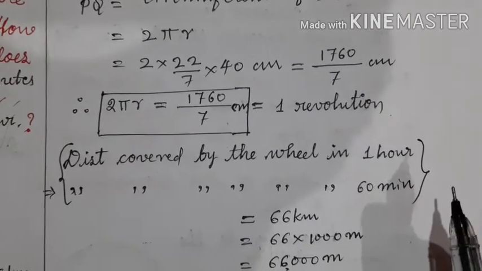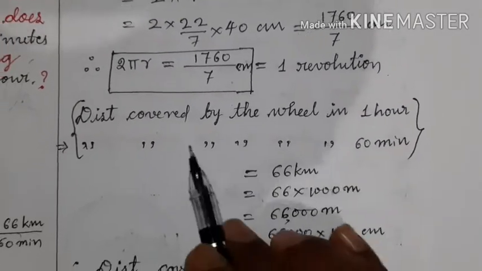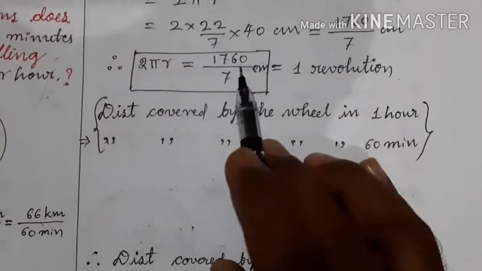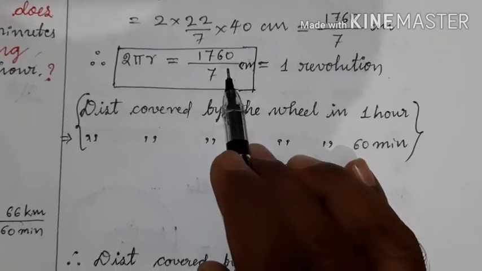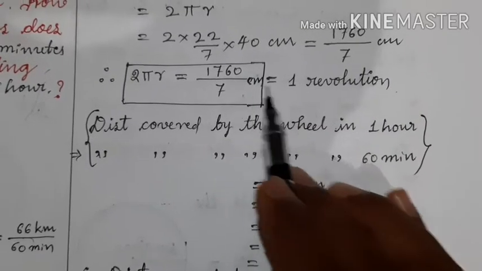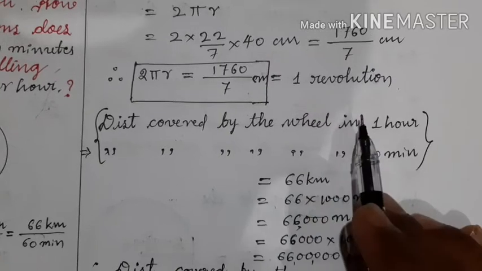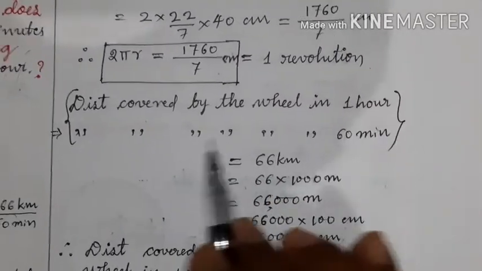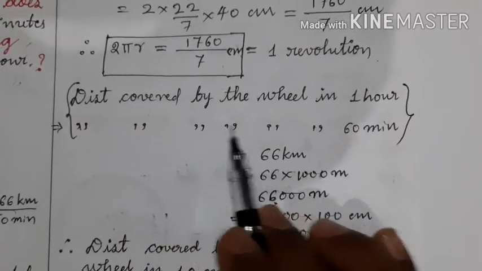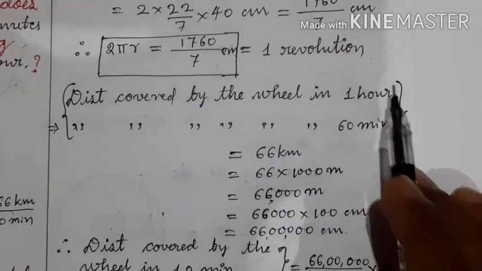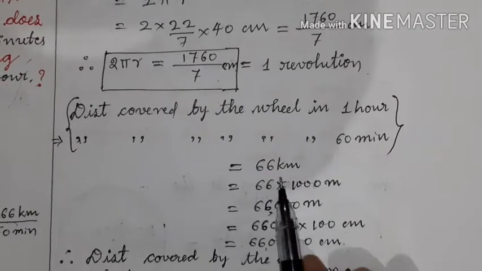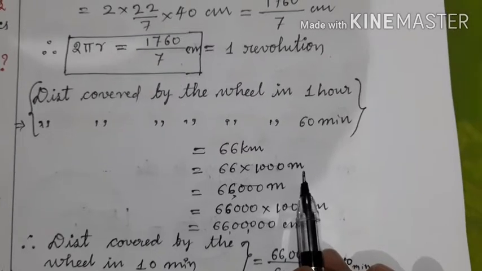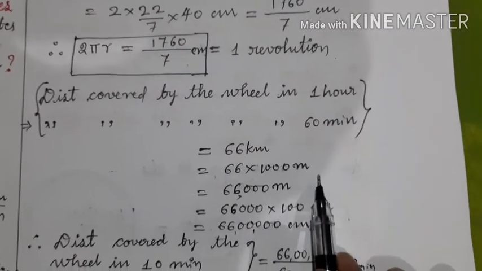Now let us calculate the distance traveled by the wheel in 1 hour. In one revolution it travels this much centimeter. But in 1 hour, how much distance does it travel? Let us calculate. Distance covered by the wheel in 1 hour is also equal to distance covered in 60 minutes, because 1 hour means 60 minutes. It is equal to 66 kilometer. Therefore, it is 66 into 1000 meter, because 1 kilometer means 1000 meters.